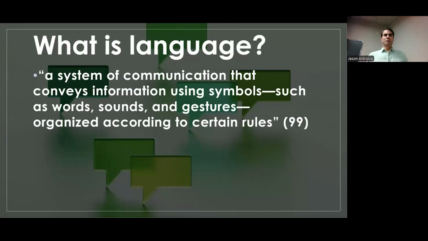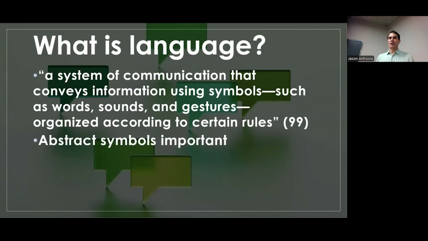First of all, I want to be clear about the abstract symbols, the importance that human languages rely on systems of sounds and rules about those sounds and words, which are not connected to the things they represent in some physical way.